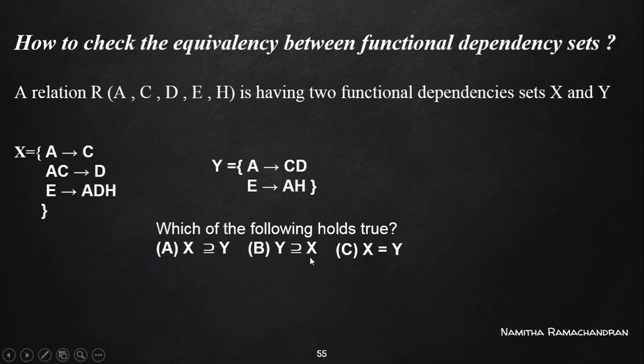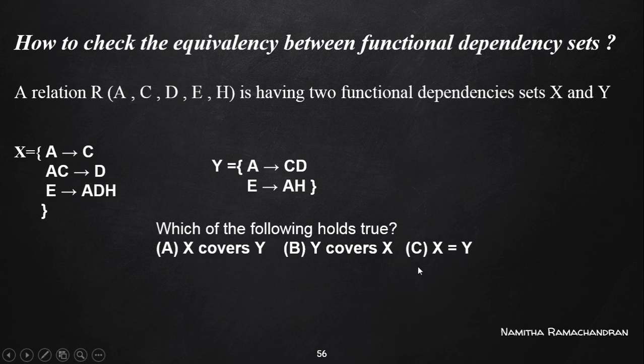If both are valid, then we can conclude that X is equal to Y, or X is equivalent to Y. So this is the right answer for the question: X is equal to Y, or X is equivalent to Y here.